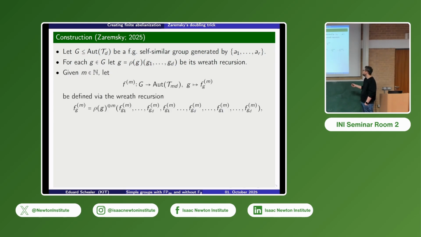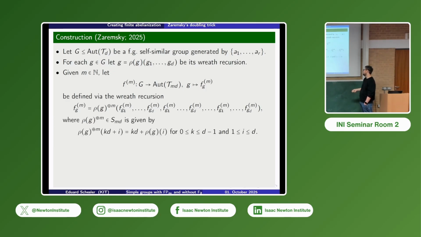So what he does is he has some self-similar representations. Elements of G are given in this restriction decomposition manner. And then what he does is he's doubling the action. So he's repeating this decomposition inside the state m times. The rooted part is also repeated m times.